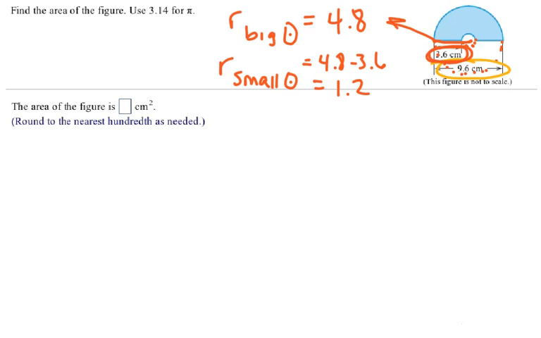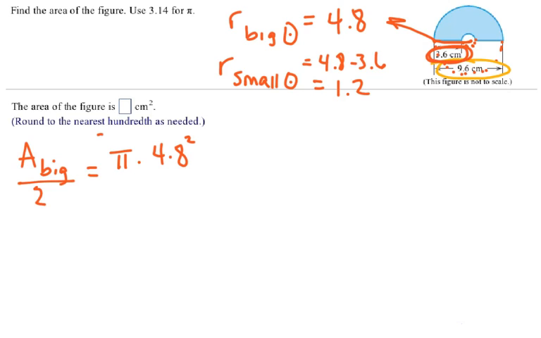Alright, now we keep in mind that we're talking about half circles, not full circles. So when we find the area of each, remember that we have to take half of the area of the circle. So the area of the big circle divided by 2 is what we're going to do first. So the area of the big circle is pi times its radius, which is 4.8 squared.